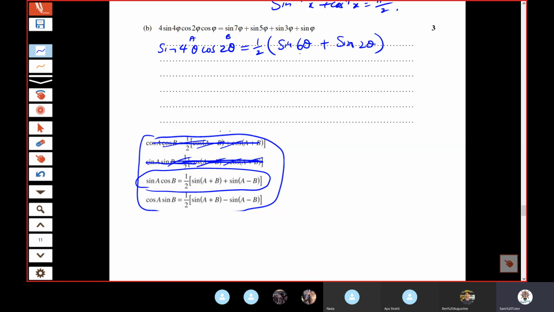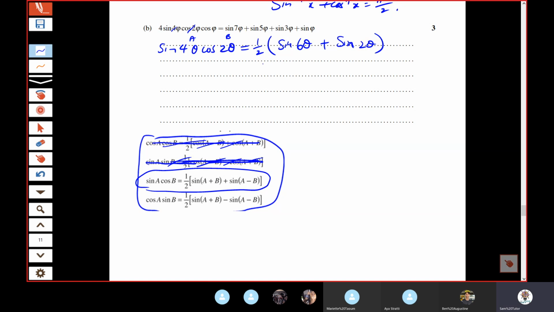Anyone have any questions at this stage? Nope. Okay. Can you tell me what my next step would be, Maria? Now that you know that, what would be your next step? So you've got pretty much this and this out of the way. Expand the brackets. You mean like bring this in? Half sine 6 theta and half sine 2 theta? Sure. And then keep going.